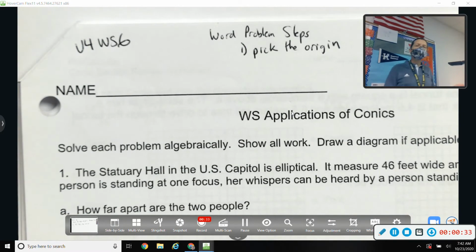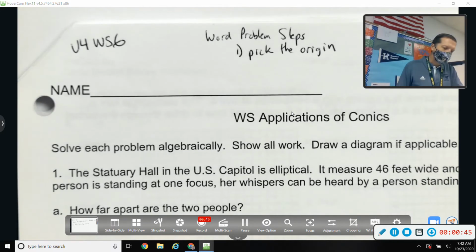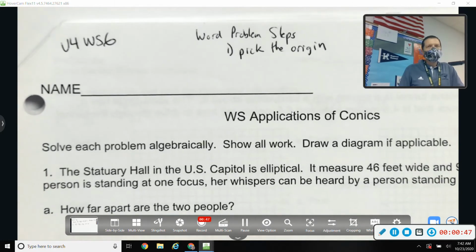Figure out where you want the origin to be. You can pick anywhere you want, so there's not a wrong pick, there's just better picks and worse picks. So you get to pick where you want it to be, but if you pick it wisely, it makes life a little bit easier.